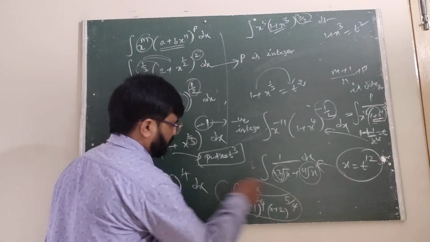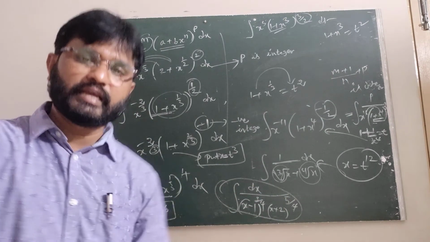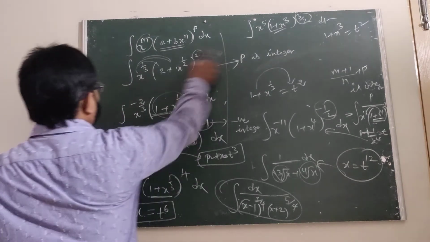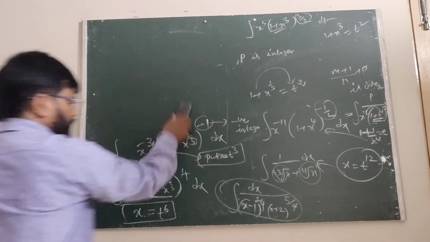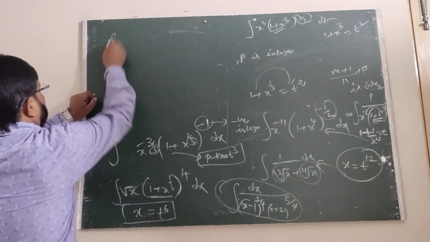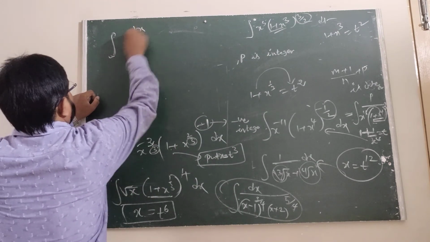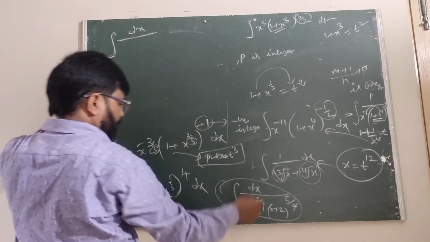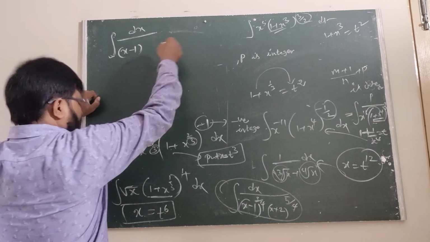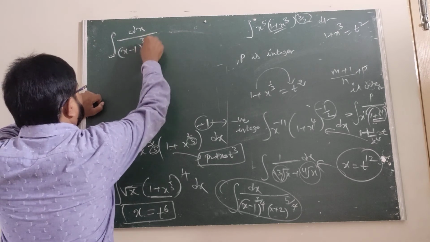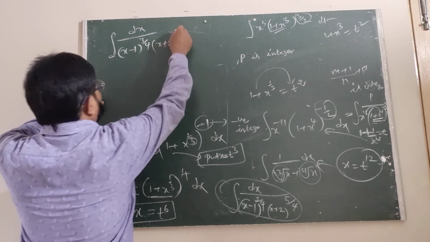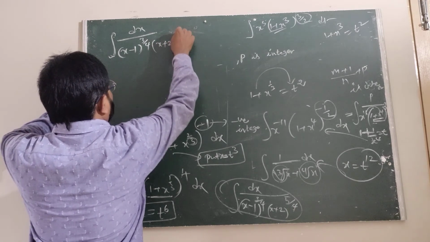Now this model, how to complete this one? The integral dx upon (x minus 1) whole power 3 by 4 into (x plus 2) whole power 5 by 4.